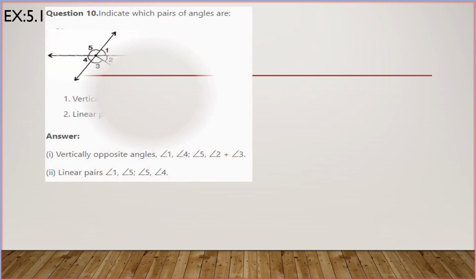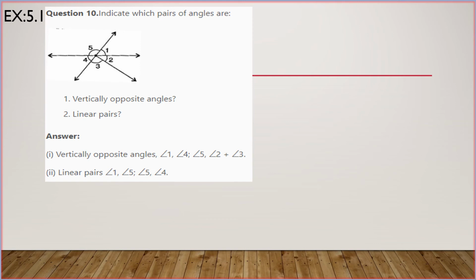Now, let us discuss some questions from the exercise 5.1. Question number 10. Indicate which pairs of angles are vertically opposite angles and which pairs of angles are linear pairs. Okay, for finding out vertically opposite angles, we need two crossing lines.